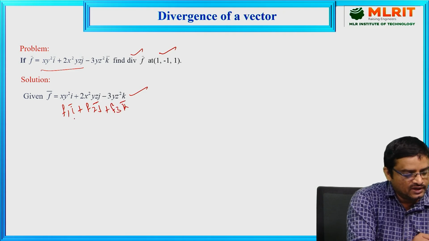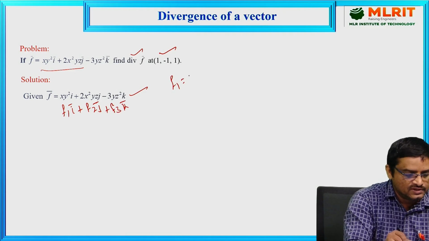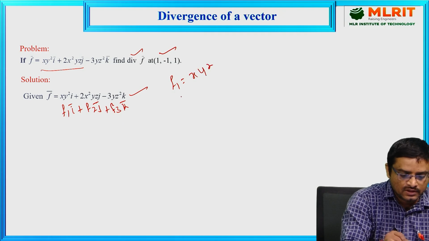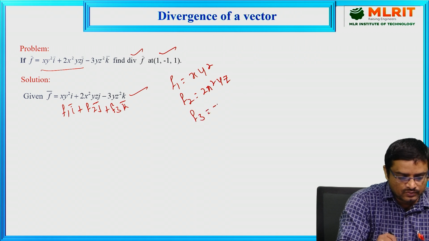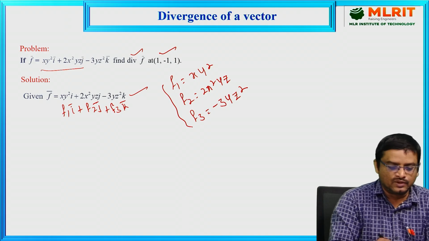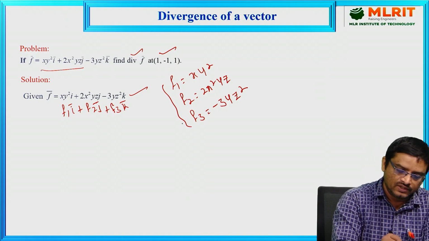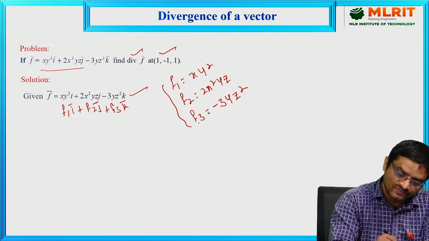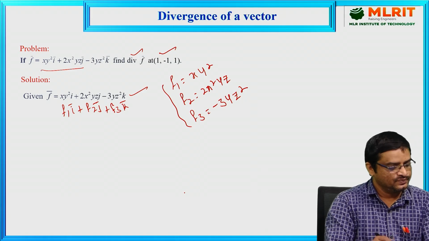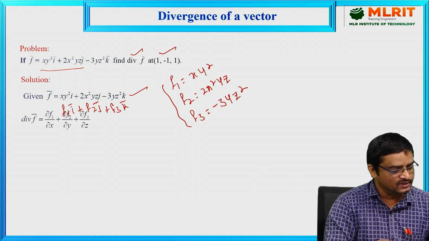Find the f1 value here. So f1 is equal to xy square, f2 is equal to 2x square yz, and f3 is equal to minus 3yz square. Now find the partial derivative of f1 with respect to x, f2 with respect to y, and f3 with respect to z. We can get our divergence value.